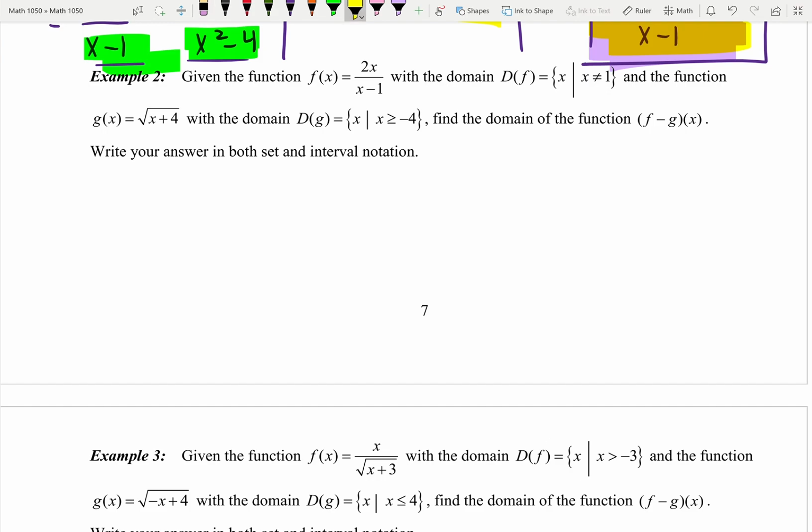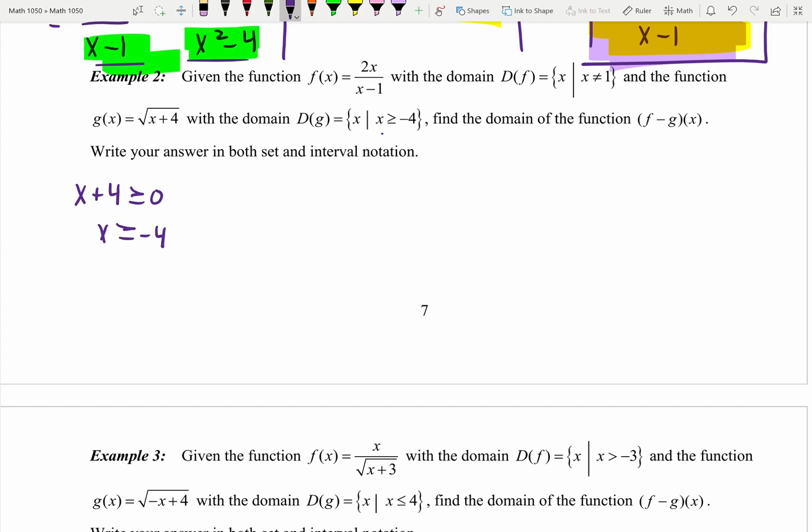That makes sense as well because restriction 2 on domain restrictions says if you have an even root on the top, that must be greater than or equal to 0. They're never going to tell us a wrong restriction, so they gave them to us, but we could have figured it out anyway. Find the domain of f minus g of x. Write your answer in both set and interval notation.